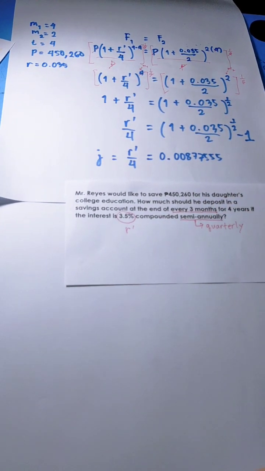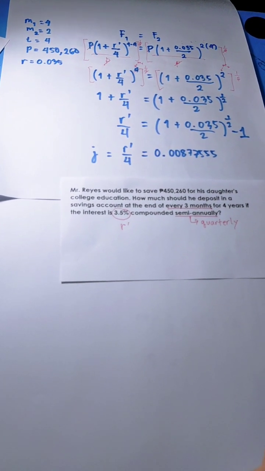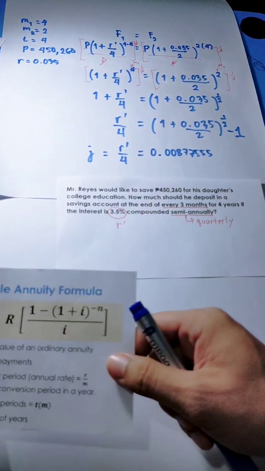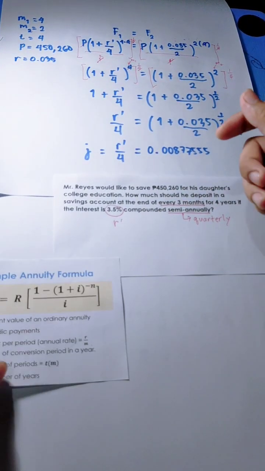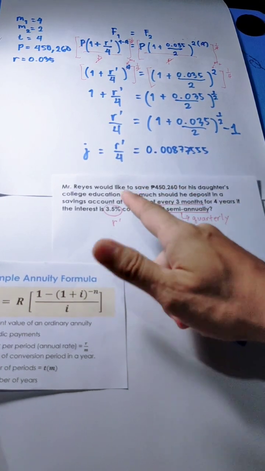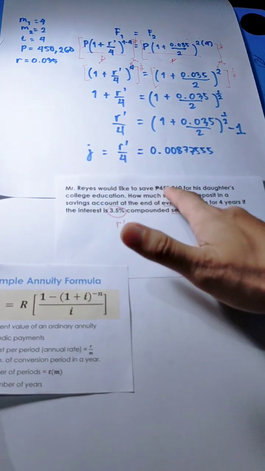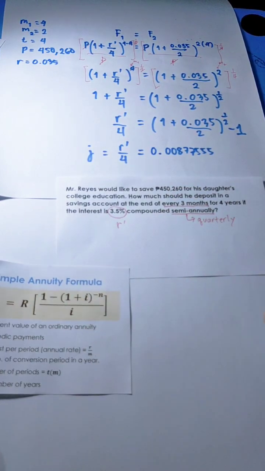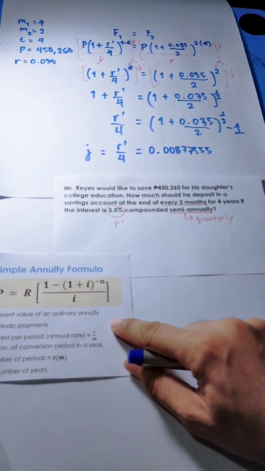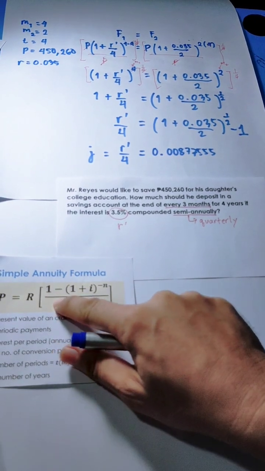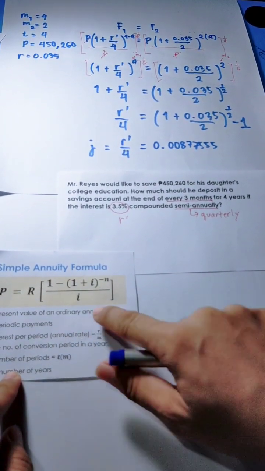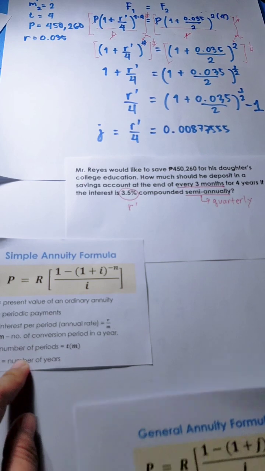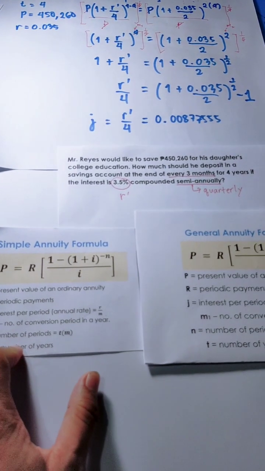Let's go back to the formula of the simple annuity. Now this problem is present value. Mr. Reyes would like to say this is the present value, the 450. That's the P. So this is the formula for the simple annuity. Now, for the simple annuity, we have now converted into general annuity.